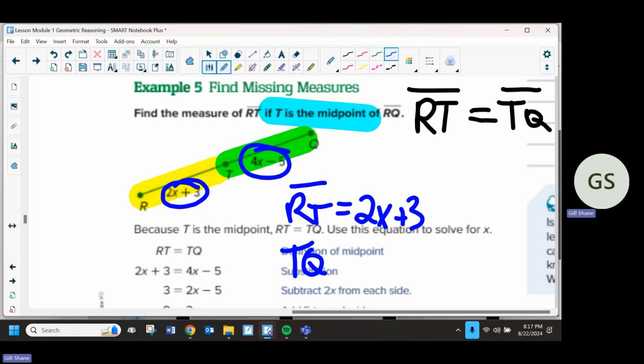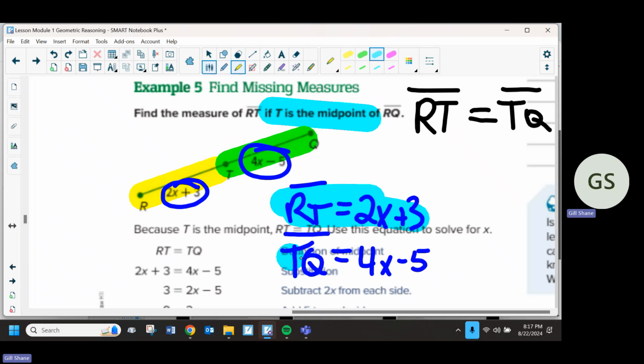TQ is also equal to 4x subtract 5. Well, if these things are also equal down below, like RT is equal to that and TQ is equal to that, I can replace these things up here with the expressions with the variable. So over here, that's just like having 2x plus 3.